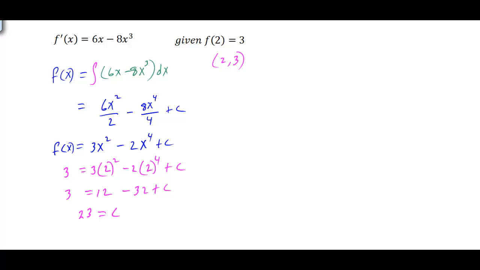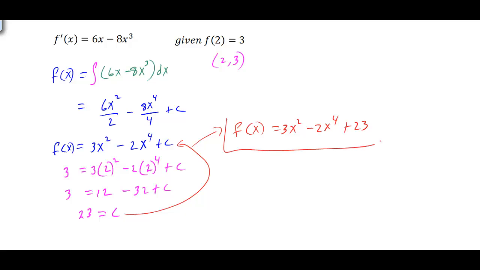So then we can substitute that in for our c value, and we would end up with f of x equals 3x squared minus 2x to the 4th plus 23. Now, once again, you're not able to find this unless they give you additional information, f of 2 equals 3. Otherwise, you would have to stop with the general solution with adding on your constant.